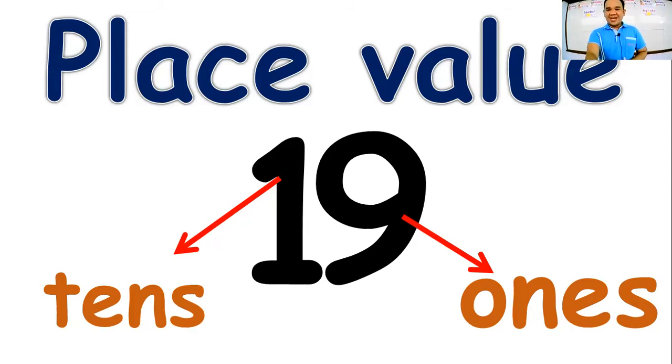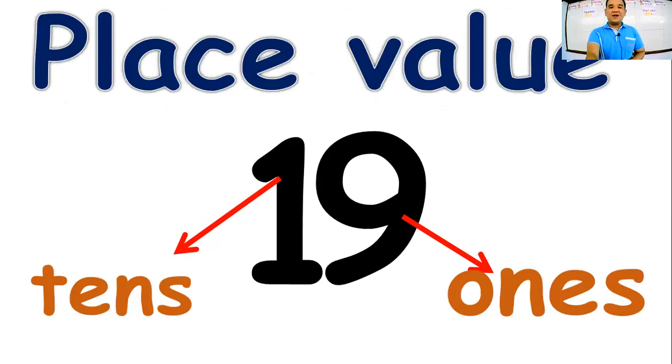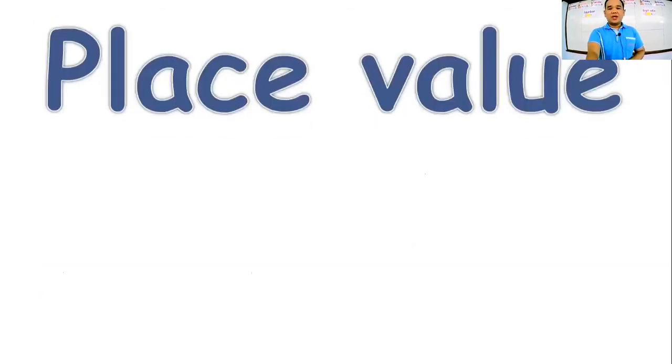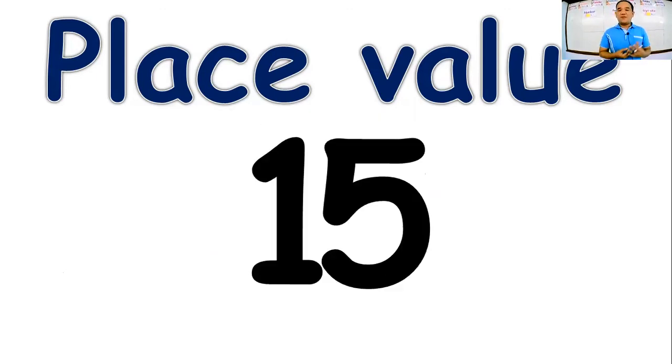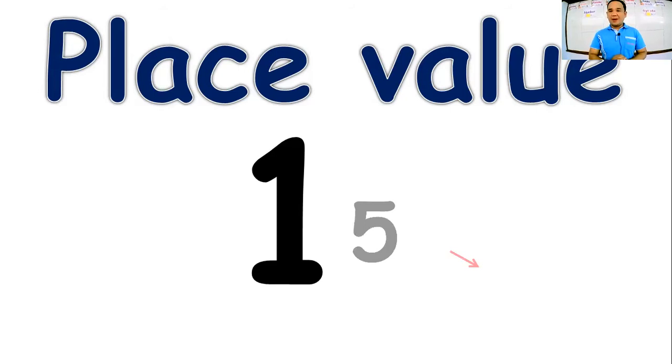All right, let's have another example for the place value. We have here the given number, which is 15. But how about the place value of each number? Let's start with the number 5.